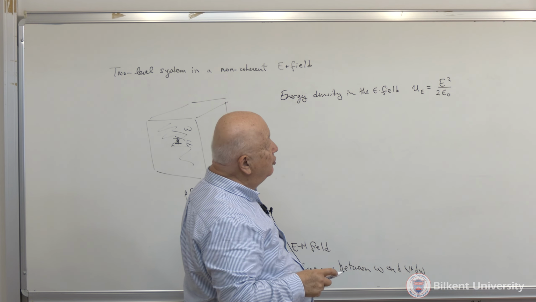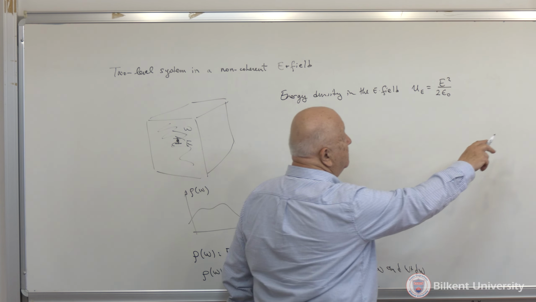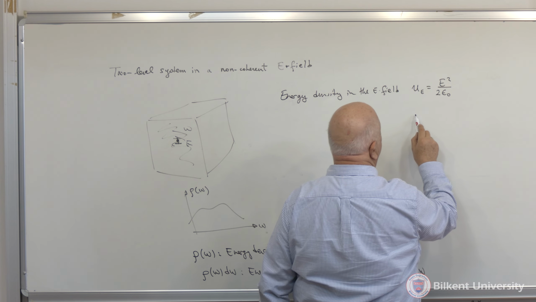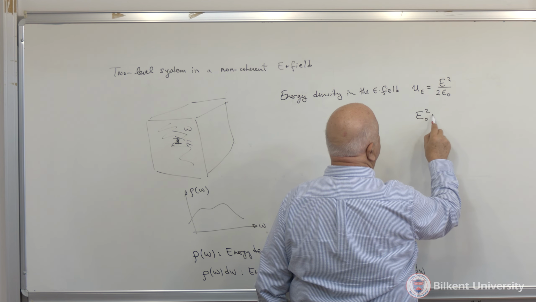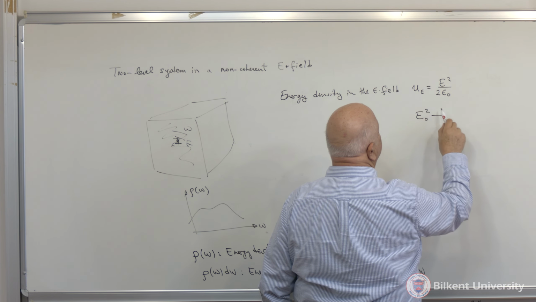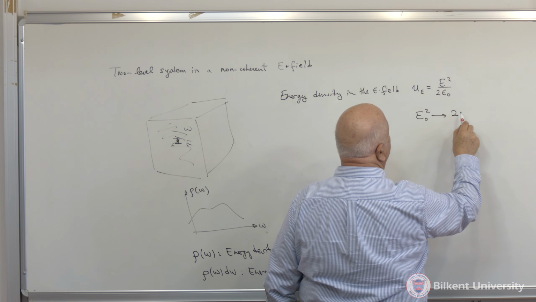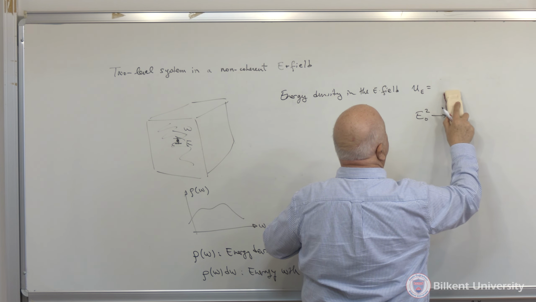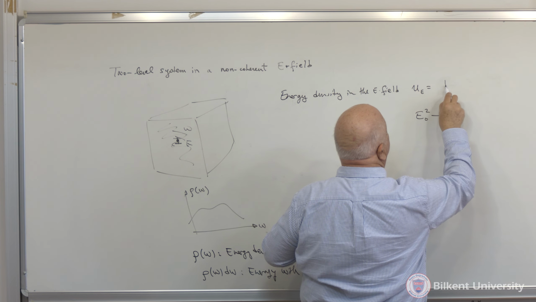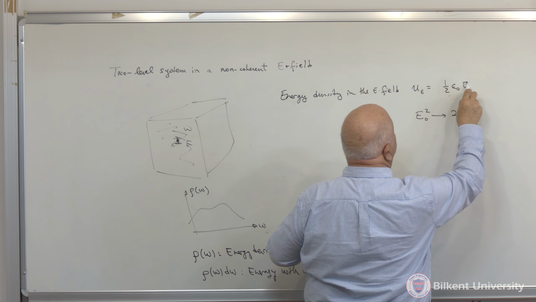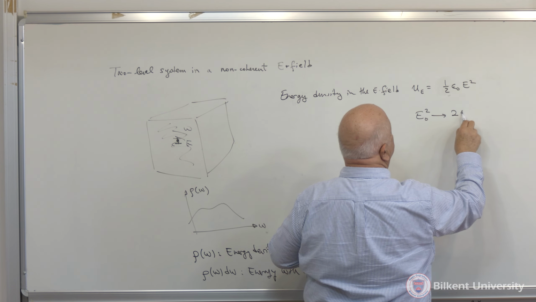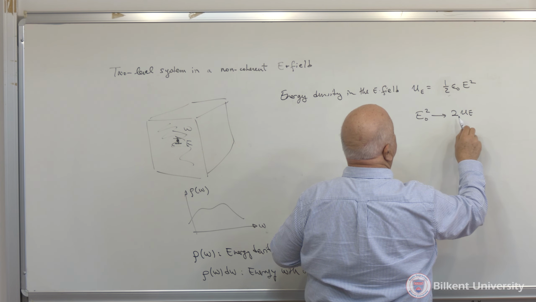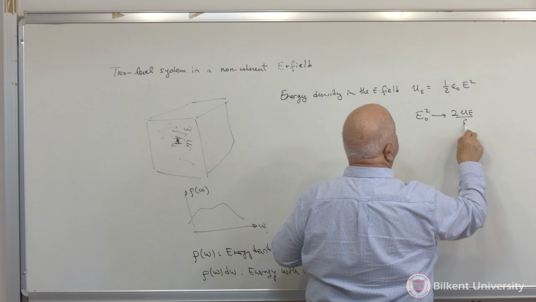So what I can do is, in place of that E0 squared, I can replace it with, help me out, 1 over 2 epsilon 0 E squared, right? So it's going to be 2 U_E over epsilon 0.